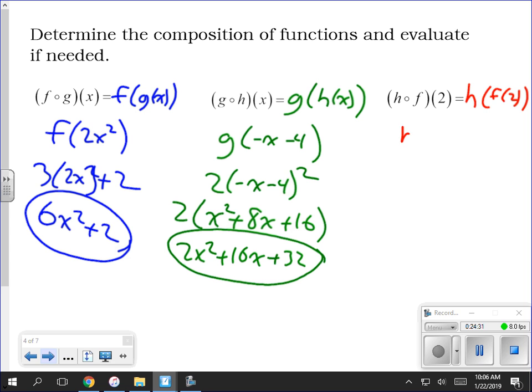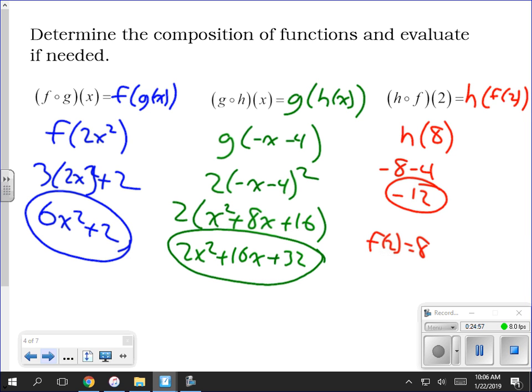So that means I have H of 8. Because we have done F of 2 several times, we have figured out that F of 2 is 8. If you look at your notes, we've done it like 3 times already. So H of 8 is negative 8 minus 4, negative 12.